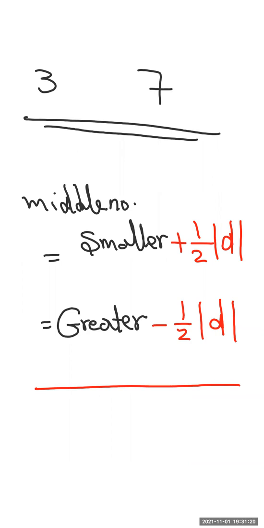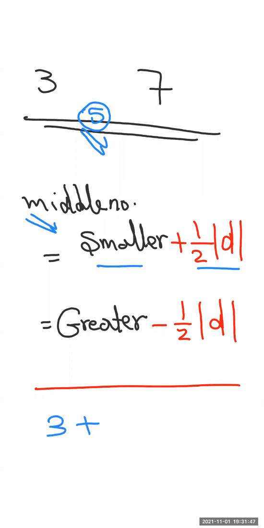So now, if I use the first one, smaller plus half the absolute value of the distance. We just said that the number which lies in the middle, by using the number line, we found that it's 5, right? Let's check this rule. Smaller, which one is the smaller number, 3 or 7? Of course, the 3.